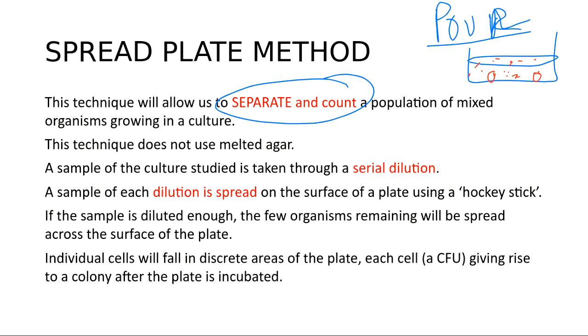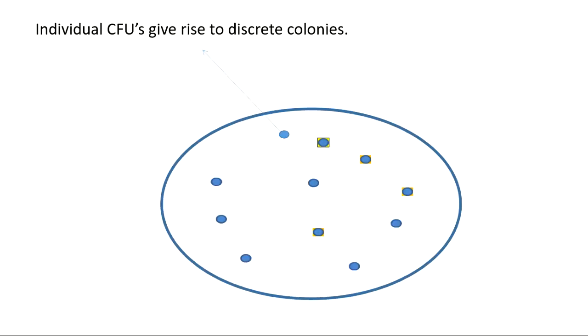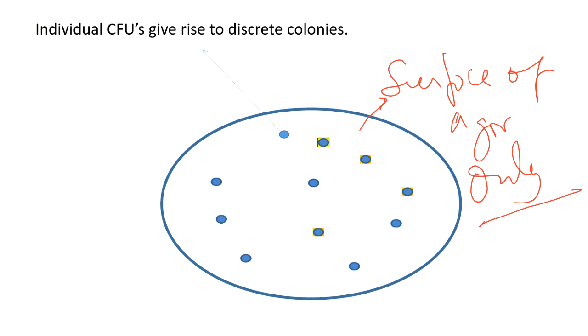Because the spread plate method does not use heat, and you're literally going to spread the organisms on top of the surface of the agar only. So surface only. That's where the organisms will grow. Okay. The advantage of the spread plate method is that all of the organisms are growing on the surface of the agar.